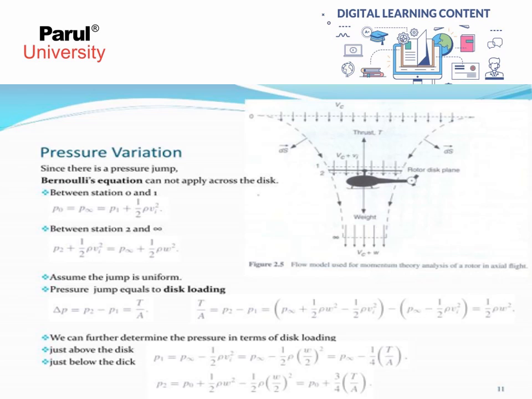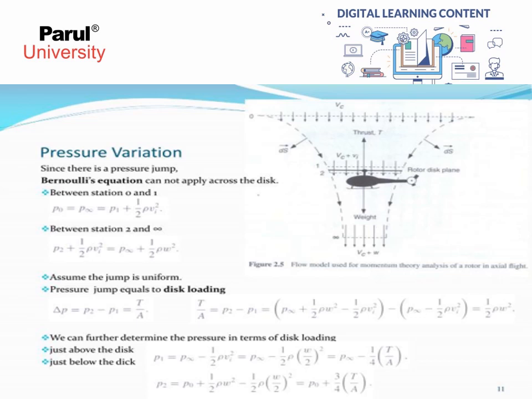Between station 0 and 1, P naught is equal to P infinity is equal to P1 plus 1 upon 2 rho Vi square, and between station 2 and infinity, P2 plus 1 upon 2 rho Vi square is equal to P infinity plus 1 upon 2 rho omega square.